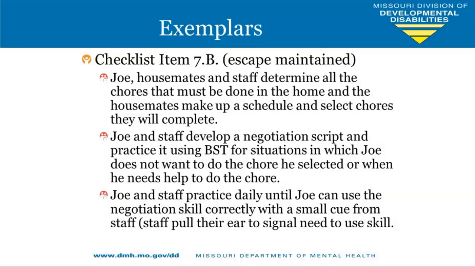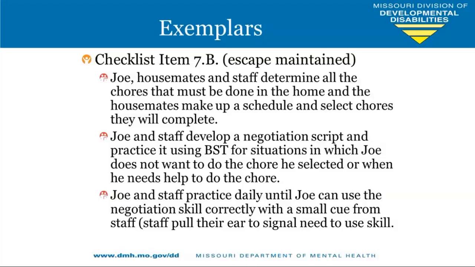I think the other thing this allows us, as in some of the other exemplars that we did, is the opportunity to do parts of it at a time. We work with Joe and his housemate on how they set up the schedule and who completes it. Maybe that's a step towards it. And then we work up to the negotiation script. And then we work up to actually negotiating when there's a task that Joe doesn't want to do.